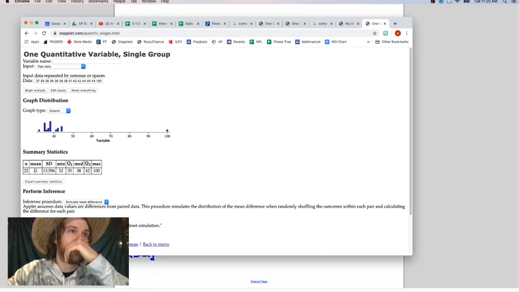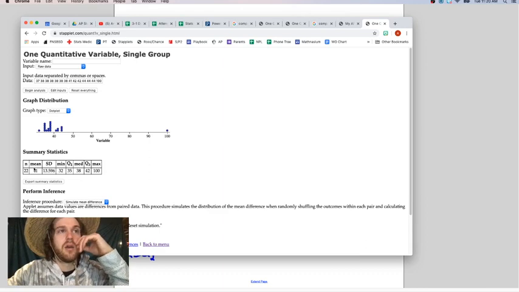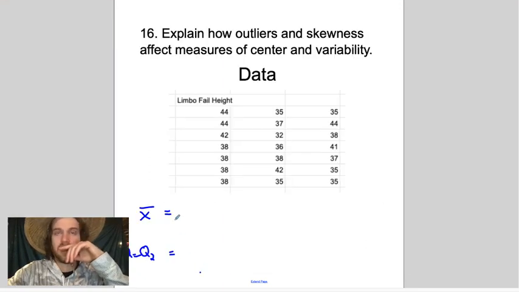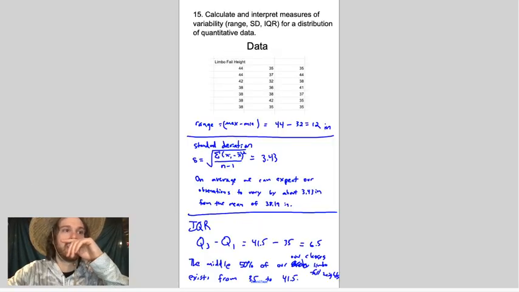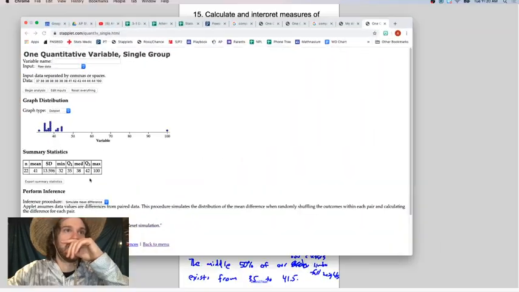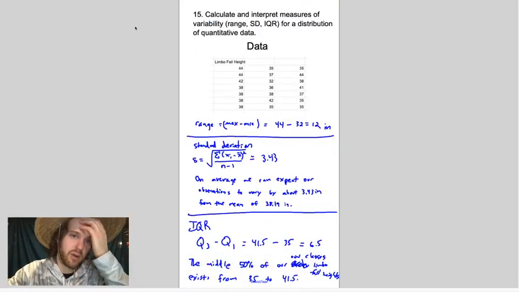The mean is 41. The median is now 38. So the mean changed by roughly 3. Our median was 38, and guess what? Our median is still 38, even with that outlier.